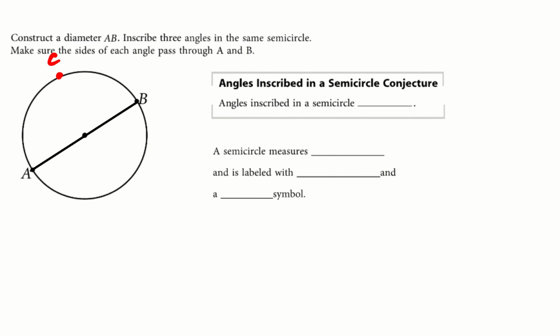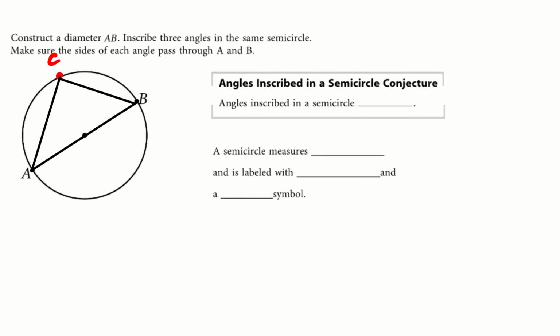You can label it C as a reference. Then connect point A to point C and B to point C. It says angles inscribed in a semicircle are, and we're supposed to write down a measurement. Let's see if we can figure this out without taking any measurements, but you can also measure to figure this out.